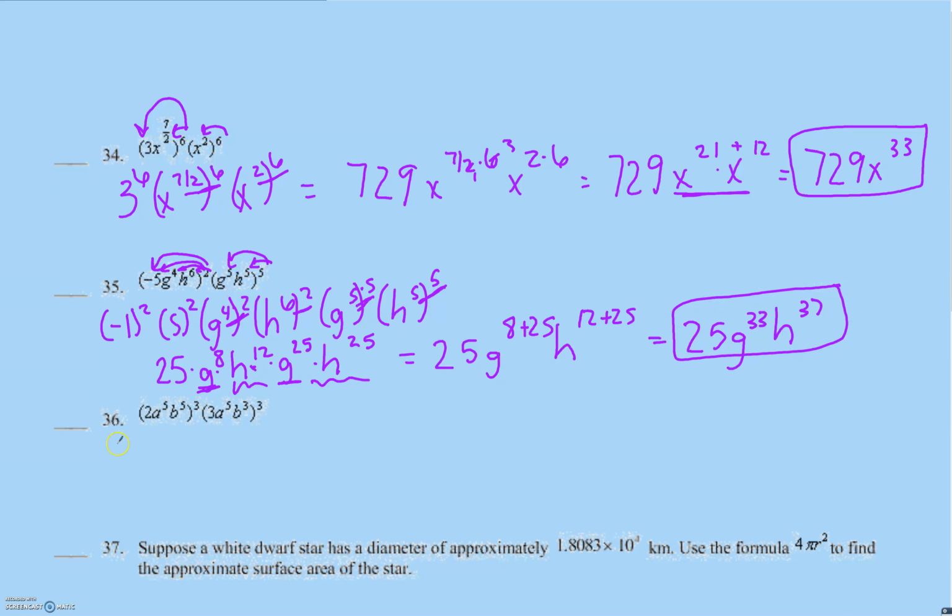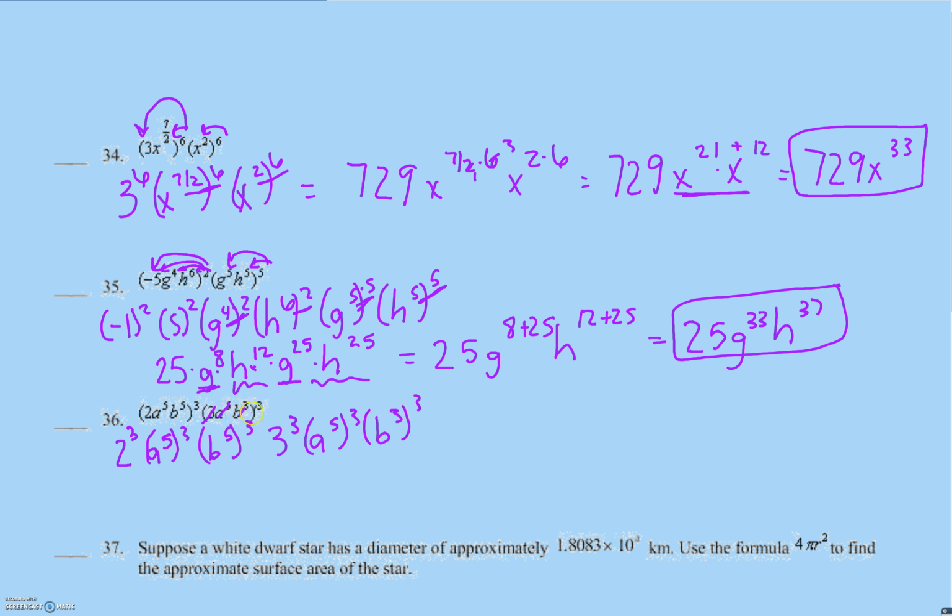Same idea here. Every factor, which are the things that we multiply together, gets that exponent. So 2 cubed, a to the 5th power cubed, b to the 5th power cubed. We get 3 cubed, a to the 5th power cubed, b cubed, cubed.